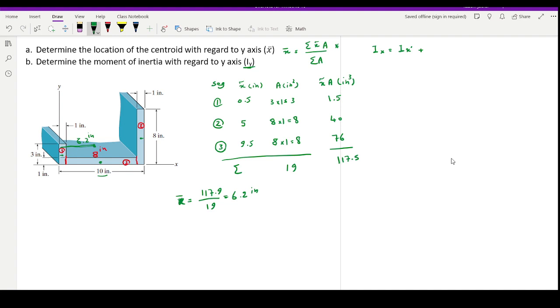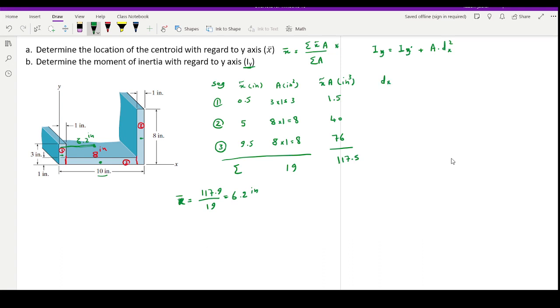So sorry, I have to write Iy, it's asking for y. So Iy is going to be Iy prime plus a times dx square. So this dx is equal to the x bar that we have in this particular example.